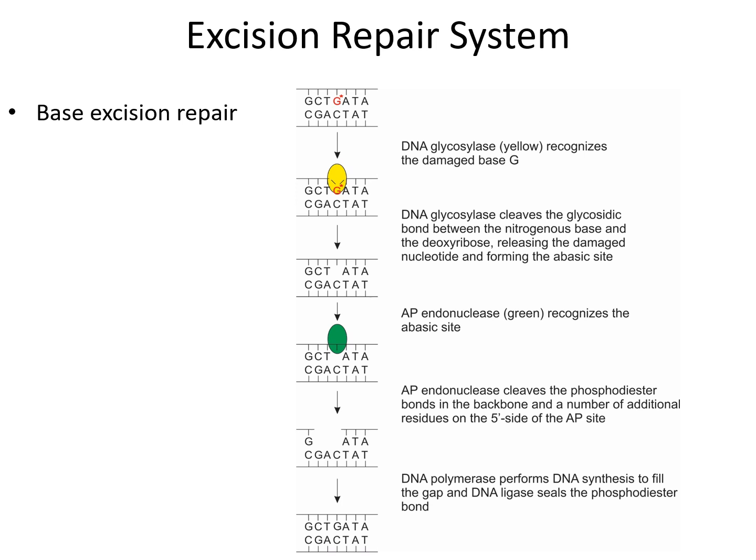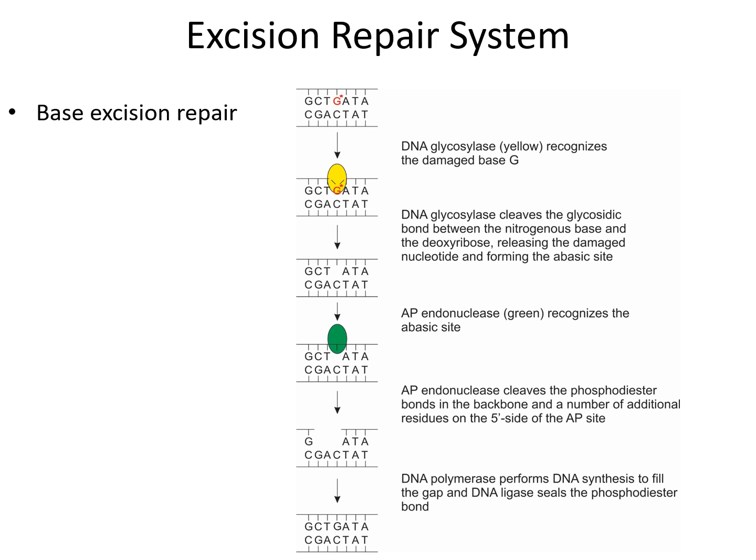The AP site means you only have the sugar phosphate but no nitrogenous base. Then AP endonuclease recognizes the AP site and cuts the phosphodiester bond in the backbone, and a number of additional residues are removed on the 5' side of the AP site. Finally, DNA polymerase comes in to fill the gap and ligase repairs the phosphodiester bond.